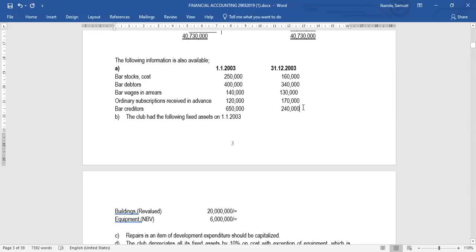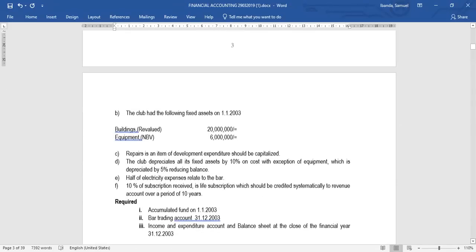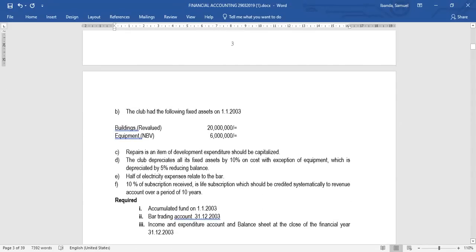And then they are also going ahead to tell us that the club had the following fixed assets. So they have buildings, they have equipment. We also have additional information where they are saying repairs of an item of development expenditure should be capitalized.